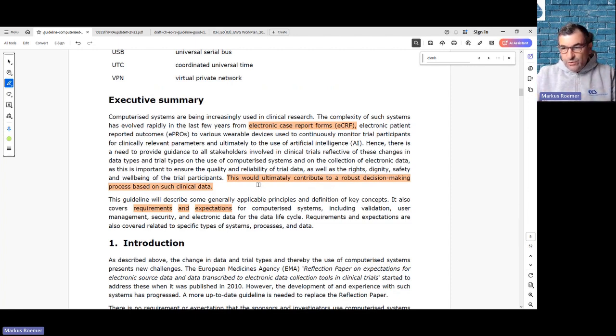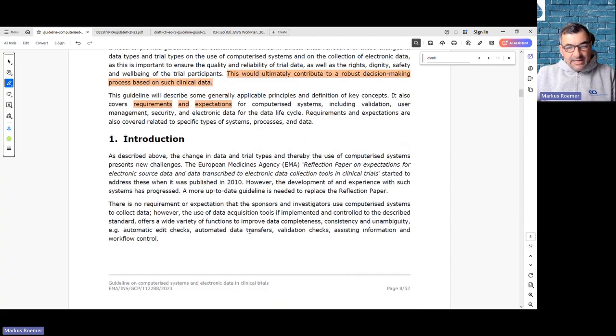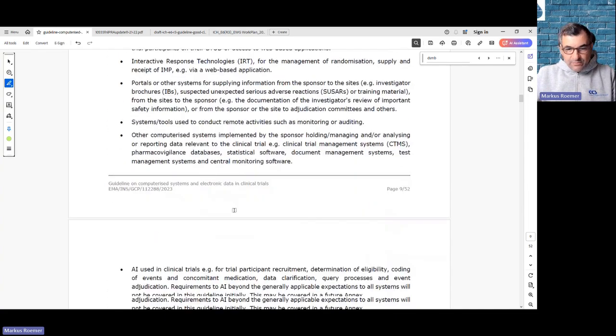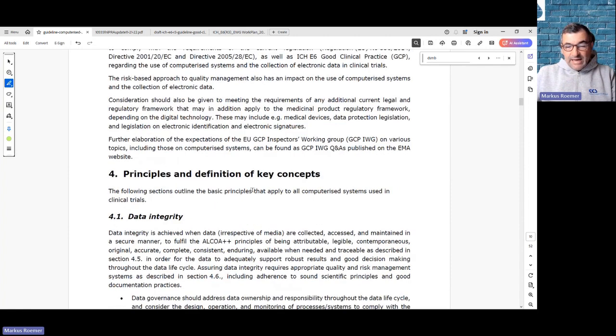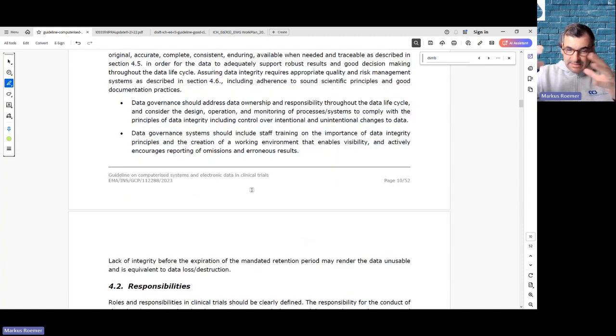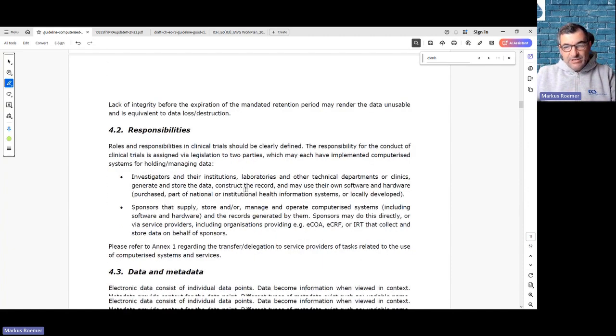So don't follow too much a silo approach; there's more behind that if we talk about study quality. The requirements and expectations are defined here. You must read this document on your own, with the references to the regulations and ICH guideline E6 R2. We will later have a quick view on the current development of R3. Very nice update, also consistent with the things mentioned here.